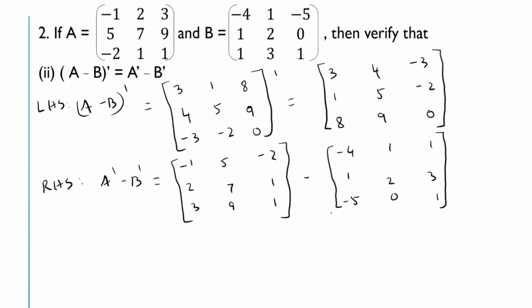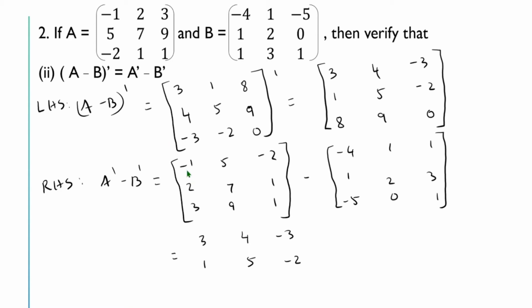Now when we subtract these two, we get minus 1 plus 4 is 3, 5 minus 1 is 4, minus 2 minus 1 is minus 3, 2 minus 1 is 1, 7 minus 2 is 5, 1 minus 3 is minus 2.